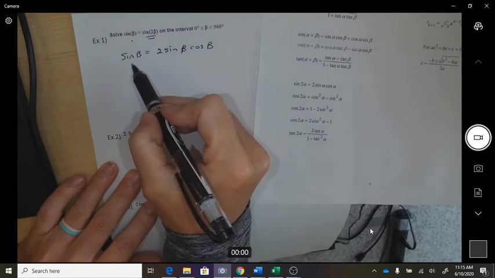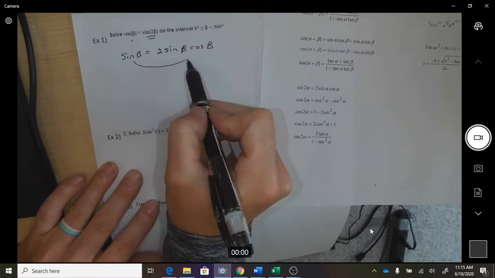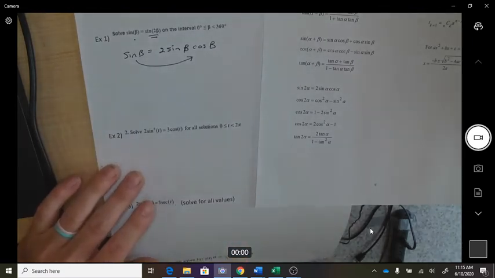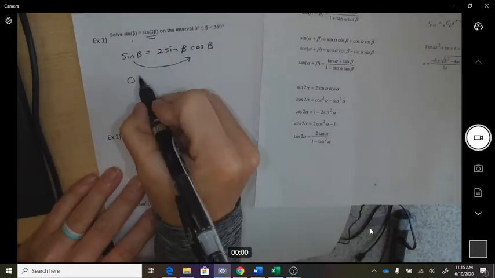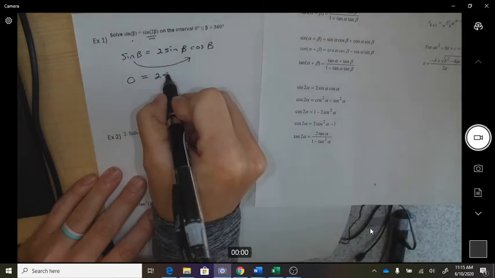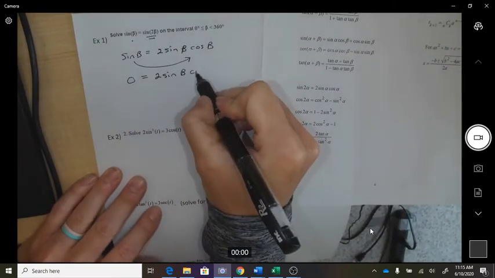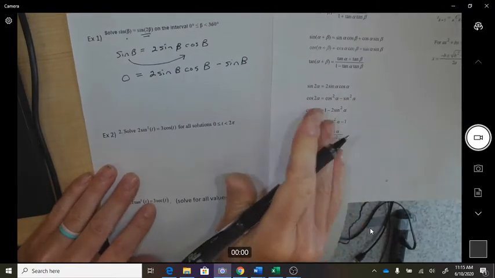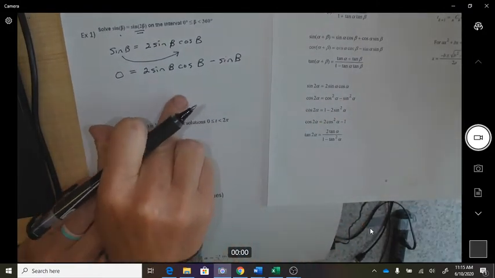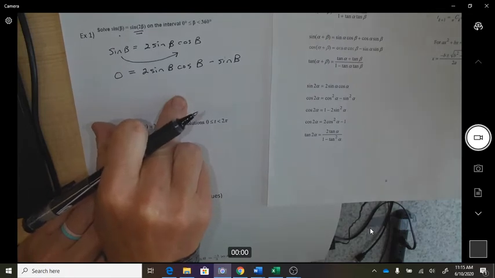So I am going to move this over, because our strategies from grade 11 are kind of move everything to one side and try to factor. So 0 equals 2 sine b cos b, and then minus the sine b. Okay, so now when I try to solve this, I'm going to factor. And remember all your styles of factoring: simple trinomials, complex trinomials, GCFs, and difference of squares.